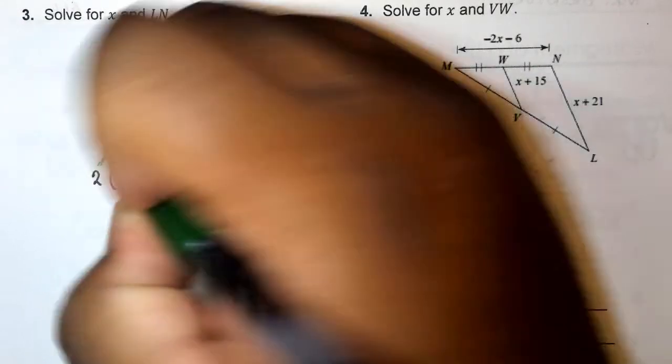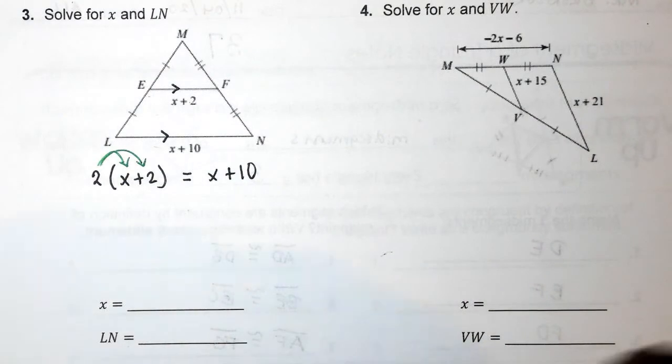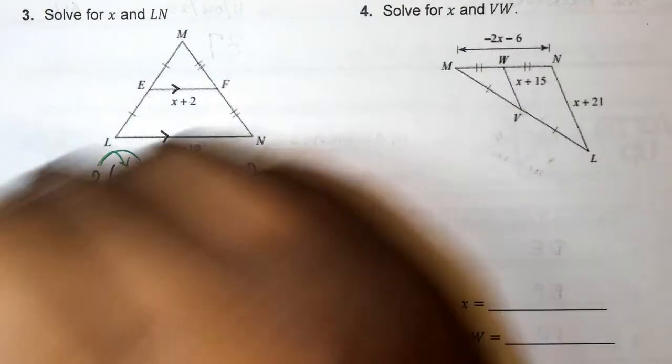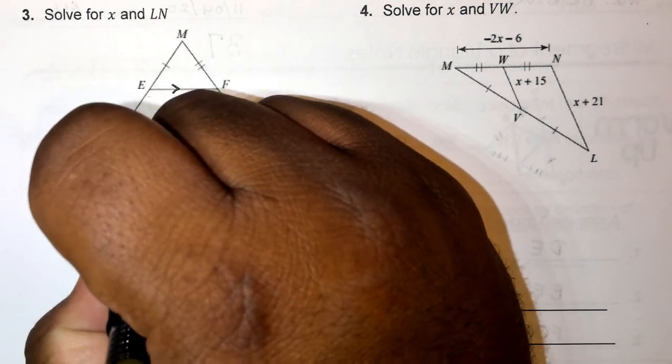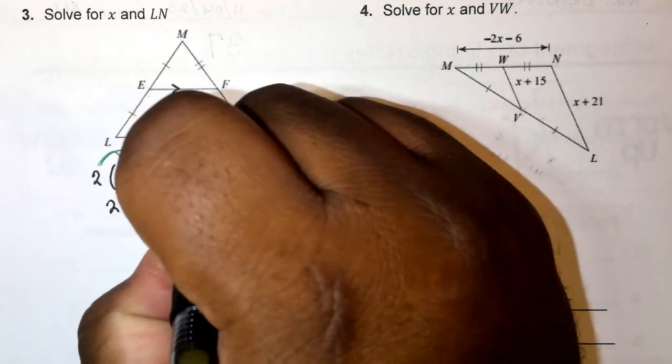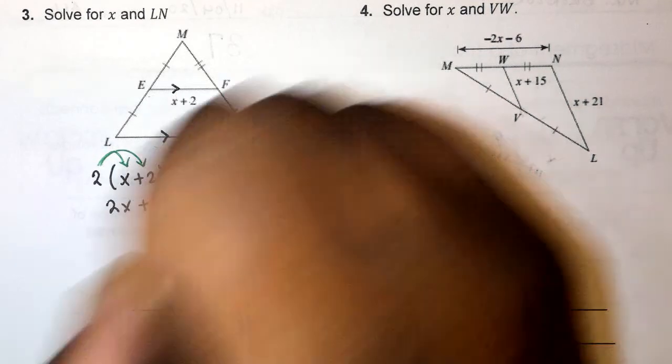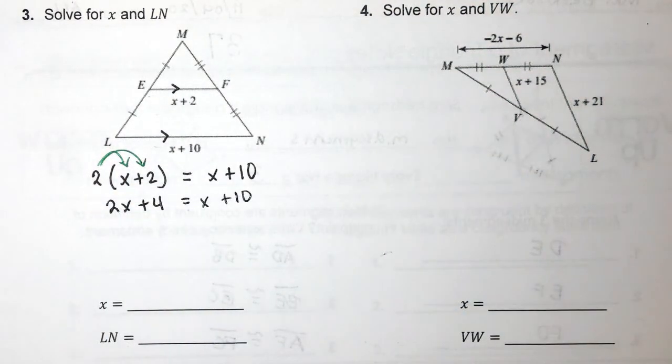Distribute, distribute. Lucky enough, we've been practicing this again in our bell ringers. Hope some of y'all picked up on it. 2x plus 4 equals x plus 10, and then I need to solve.